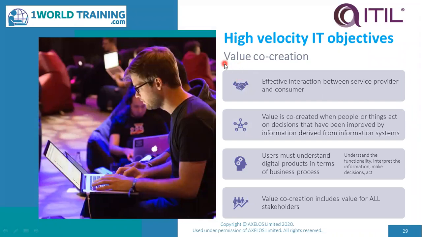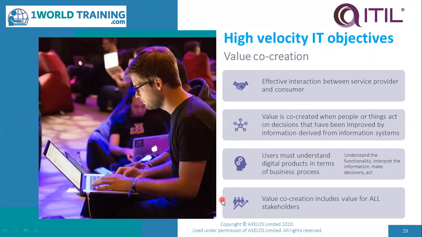Value co-creation is another objective, which comes from the effective interaction between the service provider and consumer. Value is co-created when people or things act on decisions that have been improved by information derived from information systems. Users must understand digital products in terms of business process, understand the functionality, interpret the information, make decisions, and act to create value or to co-create value.